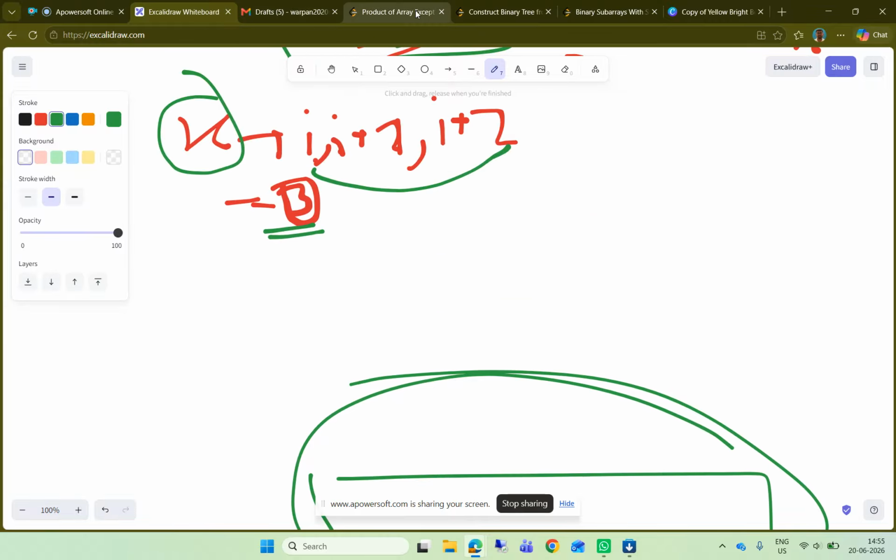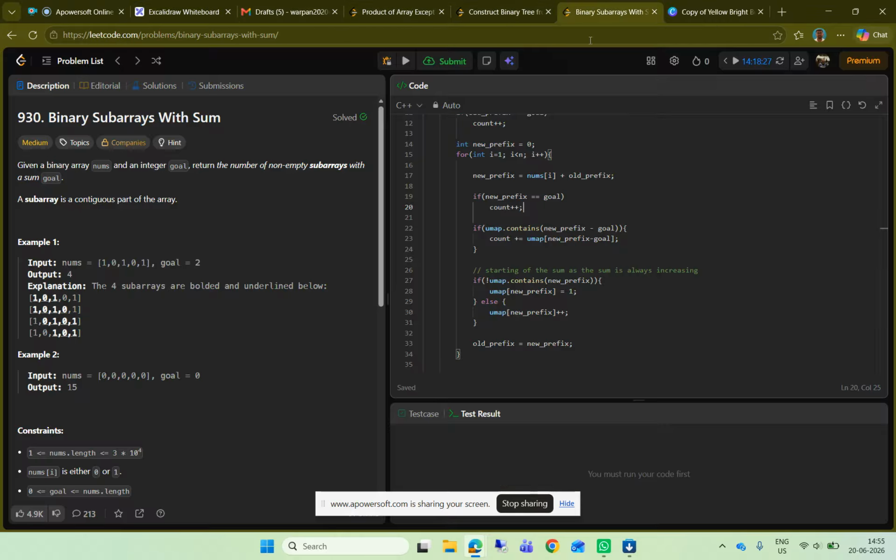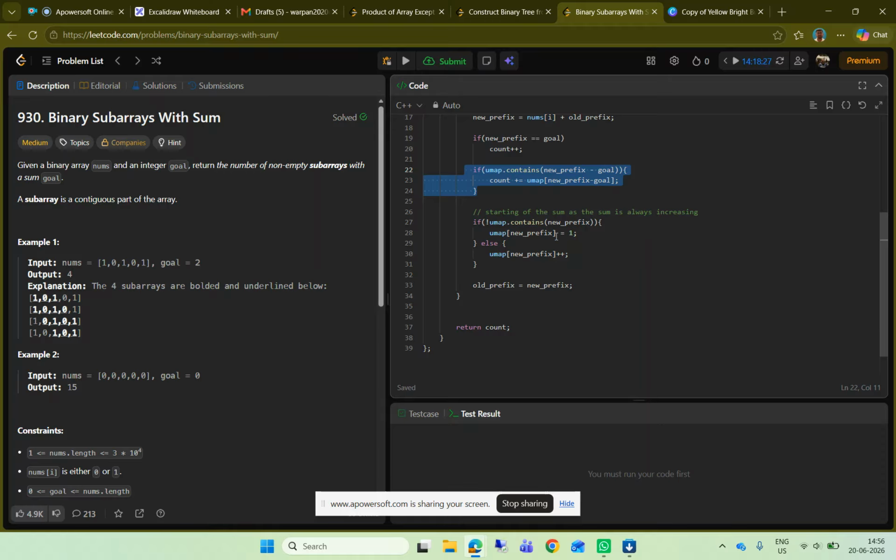That is what is being captured here. And then the subarray sum equal to k concept: if we find the current prefix sum minus goal, then we count the number of times that prefix sum has happened. I've explained this in a lot of detail on the whiteboard.